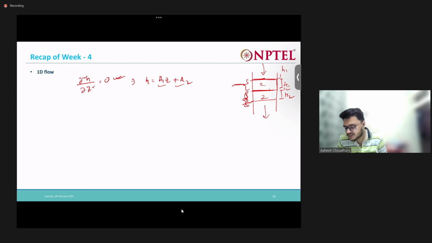So we determined this a1 and a2, and finally, ultimately, what we determined was our head loss. Head loss means the head at any point, say here you want to find the head. How will you find out? So we solve the equations and find two equations, which I am writing down here.